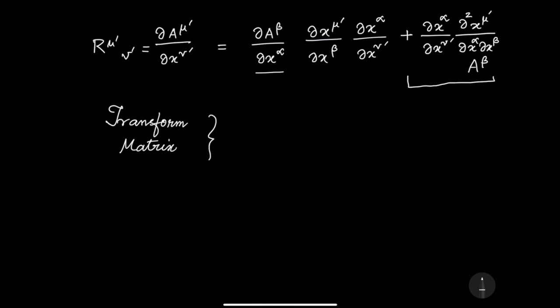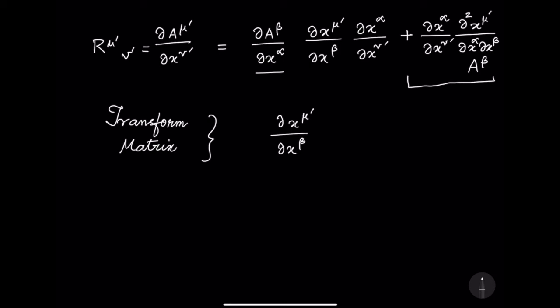So what is a transformation matrix? In this particular case, I can write it as, say, del x, just writing one of them. It looks like this, right? Or if it's of the one form, it's just the inverse of this. Now, if this is independent of which point, independent of the coordinate essentially, then the second term will be 0 because the second term has the derivative of this.